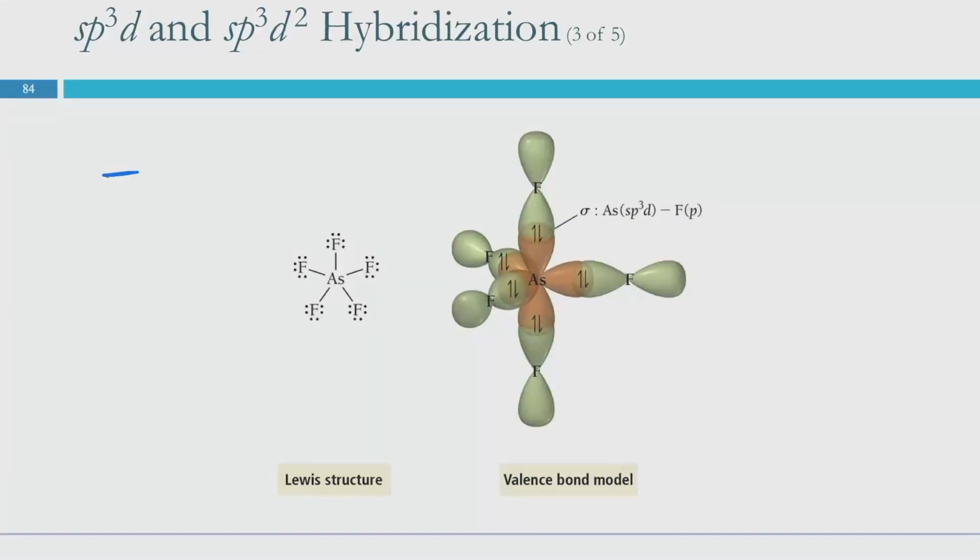Otherwise, for arsenic, those would be our atomic orbitals, right? So it looks like we can form only 3 bonds, but if we hybridize those, blend them together, and throw in a d orbital just to make the extra space, then we can get 5 bonds.